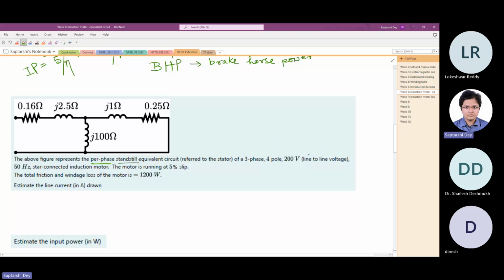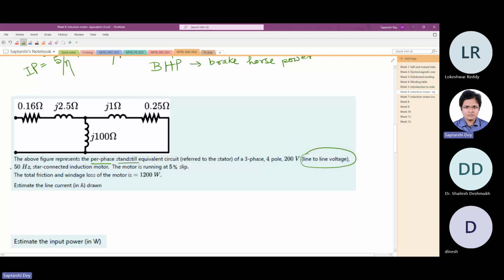It's a very bad practice. I don't know why they do this with line to line voltage. See, even if nothing is written, if there is a rating of a 3-phase supply, the voltage rating is always line to line. There is no space for confusion here.